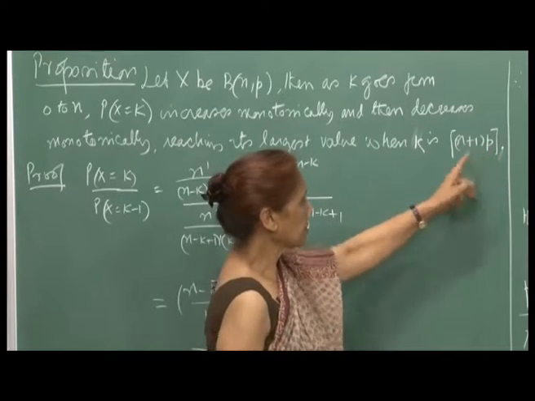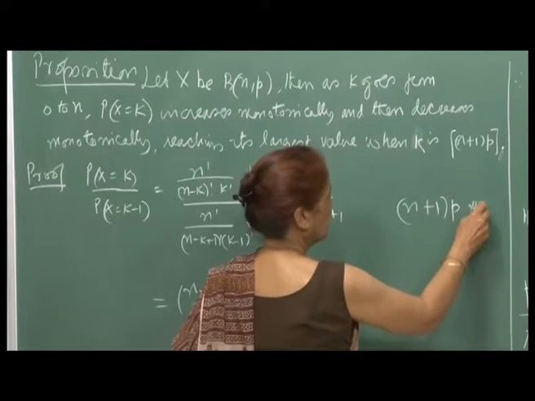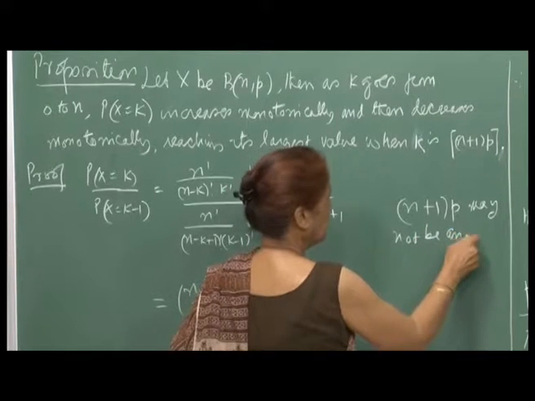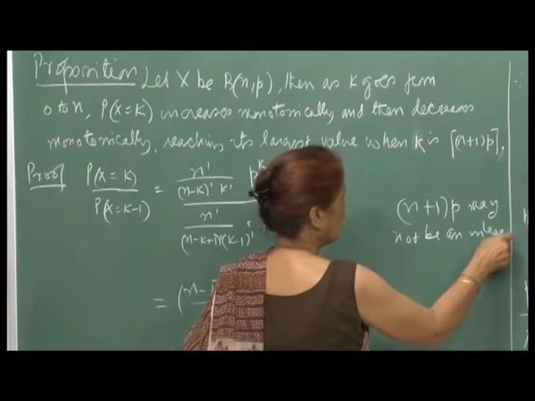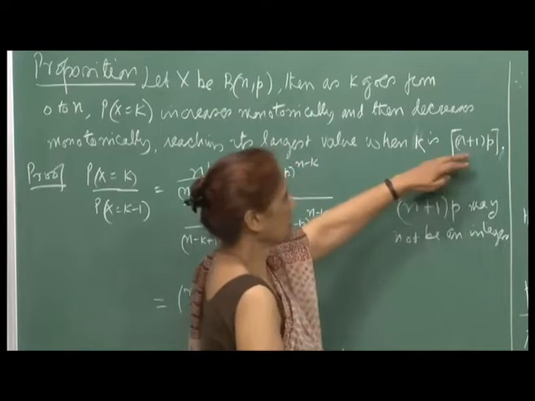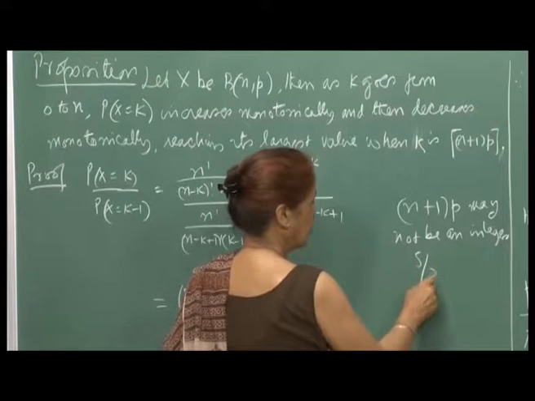See, p is a fraction, so n plus 1 p may not be an integer. When we write brackets like this, it means the largest integer, for example, if you consider 5 by 2.